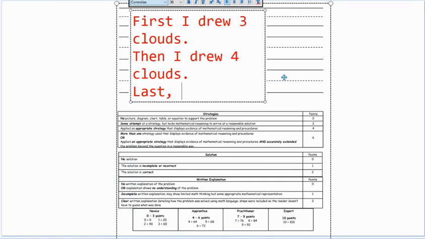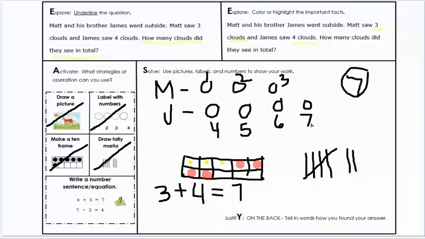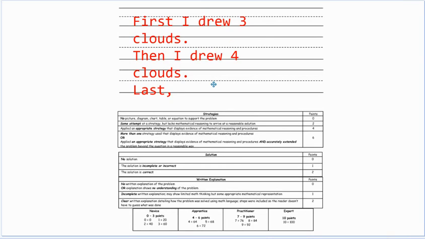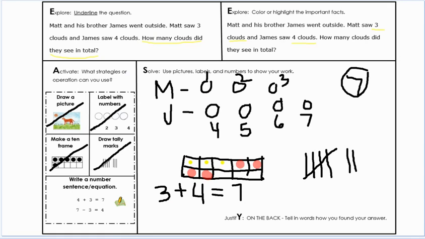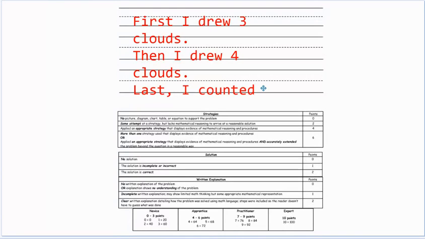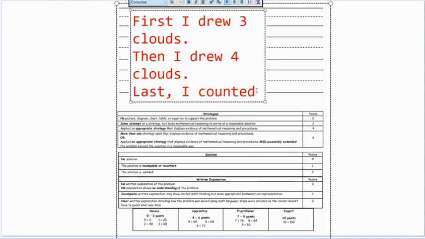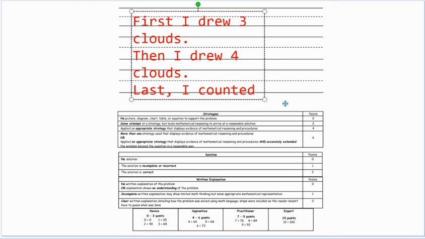Okay, last, what did I do to figure it out? What did we do? We counted, right? So last, I counted. And what was our total? Do you remember? Let's go back. That's right, 7. Last, I counted. Let's make this bigger.